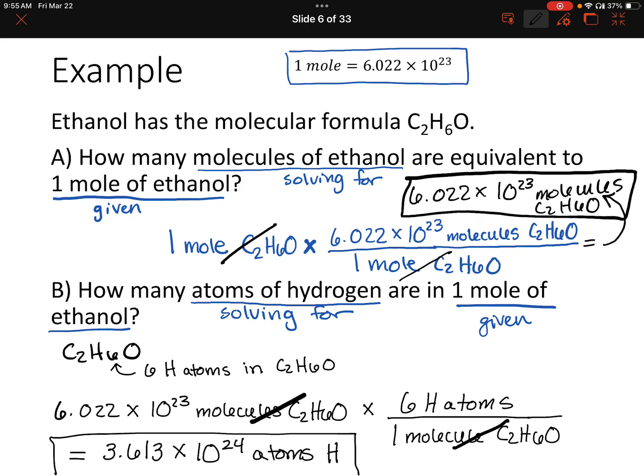And then let's say that we're curious, okay, I know each molecule of ethanol has 6 hydrogens. So how many total hydrogens do I have in that sample? And that's where we can just multiply Avogadro's number by 6. And that will give us the total amount of hydrogen atoms in that sample of ethanol. Now, it is tough to visualize these things in chemistry in particular because, again, there isn't a good way to zoom in and actually look at these molecules, right?